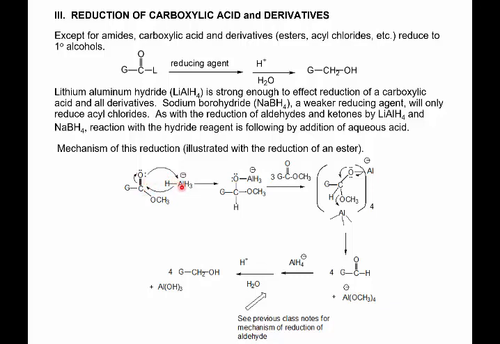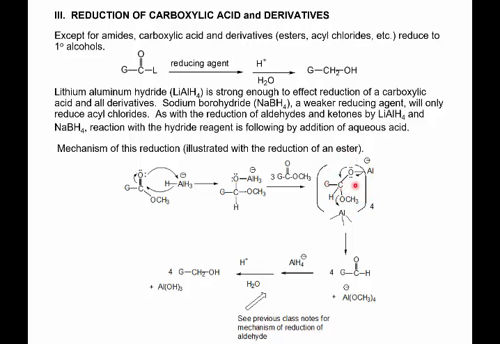The aluminum acts as a Lewis acid attaching to the oxygen. That's basically adding an aluminum hydrogen across the C double bond O. You still have 3 more Al-H bonds that can bond to 3 more esters, and you end up with this kind of complicated looking aluminate salt. The carbons here are really tetrahedral.